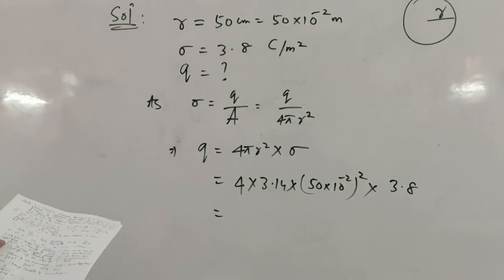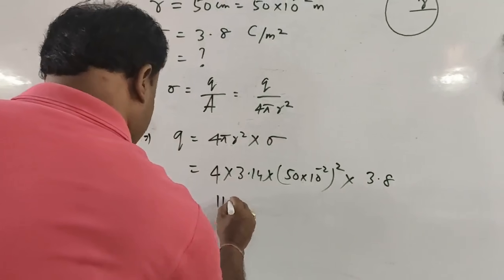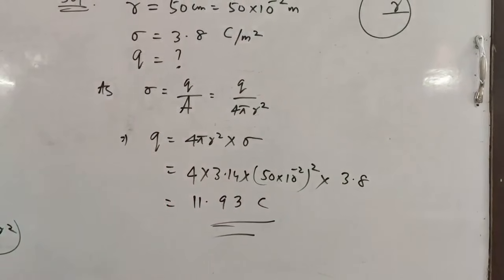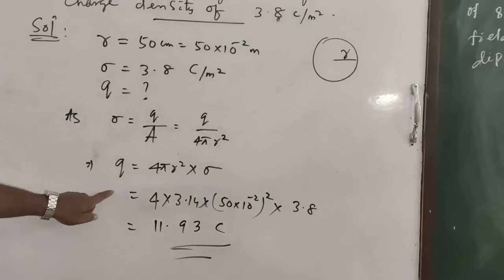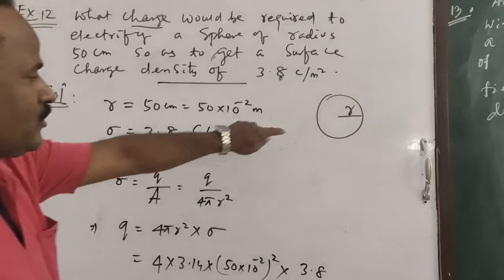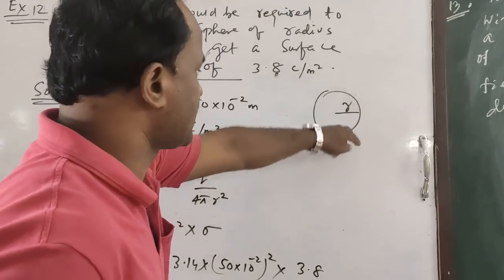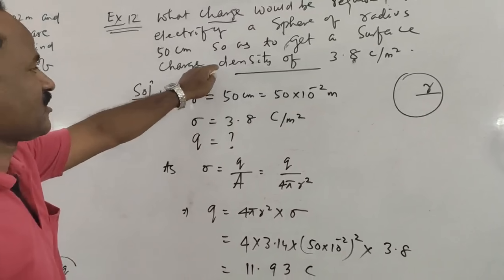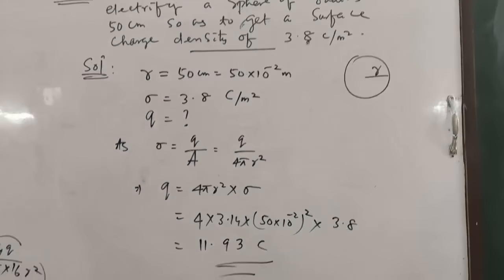Solving this, we will find the result 11.93 coulomb. That is how much charge it is, if you distribute over the sphere of radius 50 cm to charge it to density 3.8 coulomb per meter square. Clear?